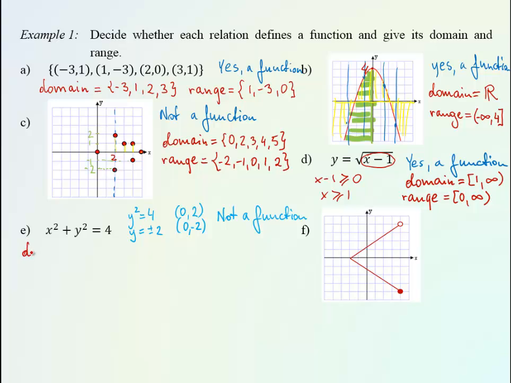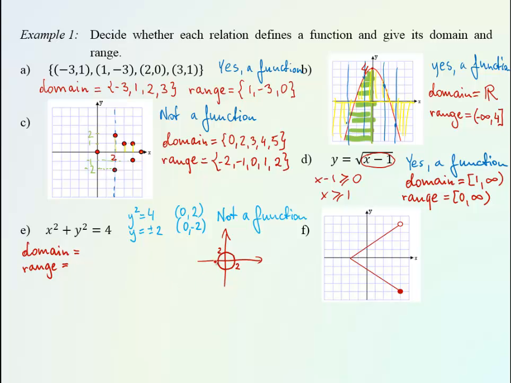Now analyze the domain of this relation and the range. Recall from the last lesson that this type of equation represents a circle with center 0, 0 and radius 2. So it looks somehow like this, where the radius is 2 here and there.